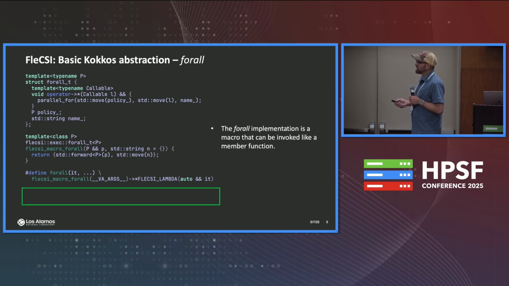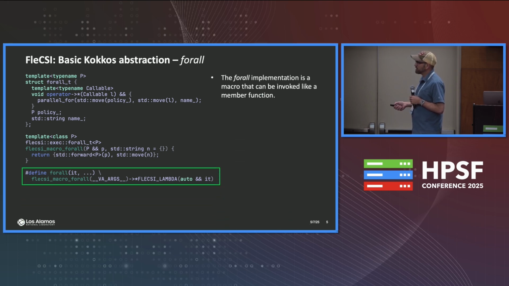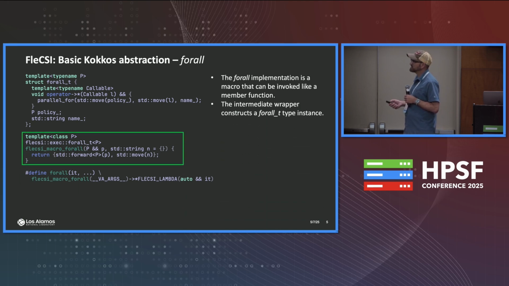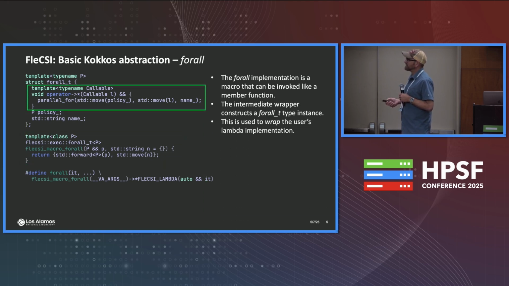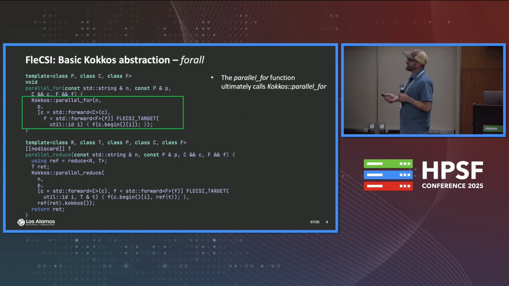The way that's implemented is we have that basic macro, and this is going to use the star operator to wrap the user's lambda. This FleXCI macro forall just instantiates a forall type that has that operator, and then that invokes a parallel_for. There are some layers here, but eventually we get down to where that's just calling Kokkos parallel_for.